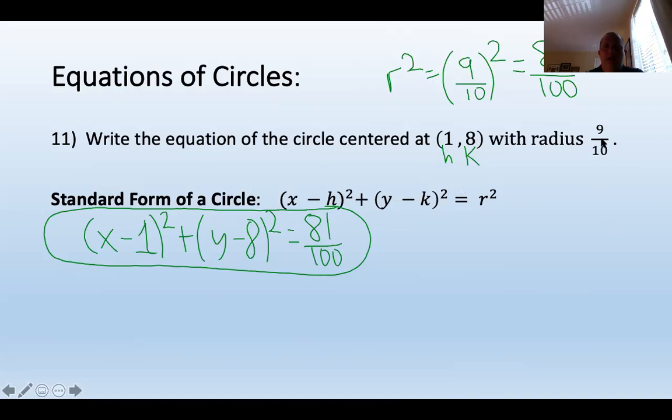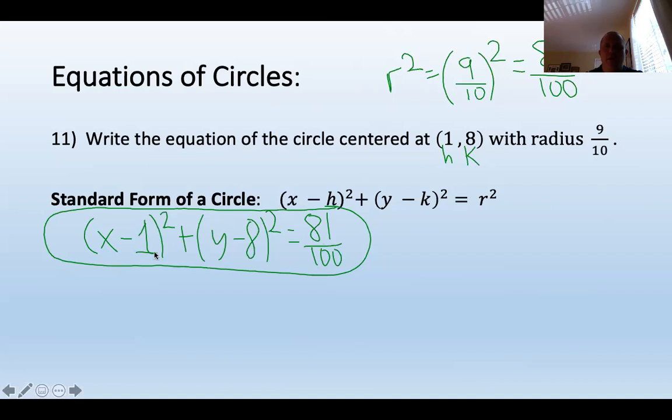The radius is 9/10, so we need r squared to be plugged into the formula. So we're going to square 9/10 to get r squared. So 9/10 squared is 9 squared, which is 81, over 10 squared, which is 100. So 81 over 100 gets substituted in for r squared.